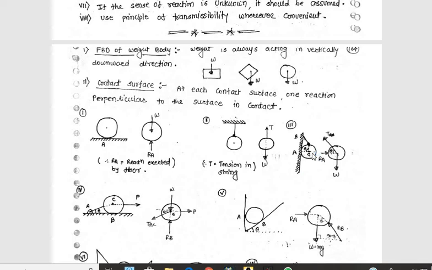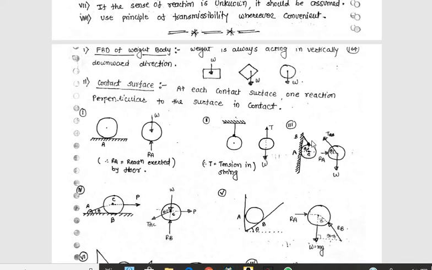Now see another case where all three come together. Here there is a string, the cylinder is attached, and there is a contact between the cylinder and the vertical wall. So there is a normal reaction, that is RA or NA. Cut the string, so there is tension in that cable, shown away from the body, and the weight of the cylinder acts vertically downward. These three forces are like this. This is the free body diagram.